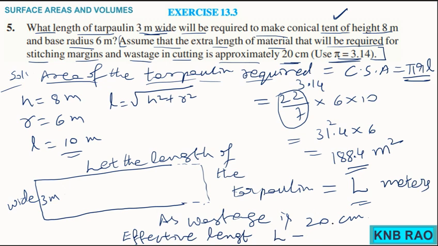L is in meters, 20 is not in meters. So when I convert it into meters, it becomes 0.2. So L minus 0.2 meters will be the effective length. That means what is actually used, correct? So, let me take the next slide to explain the rest of the question.